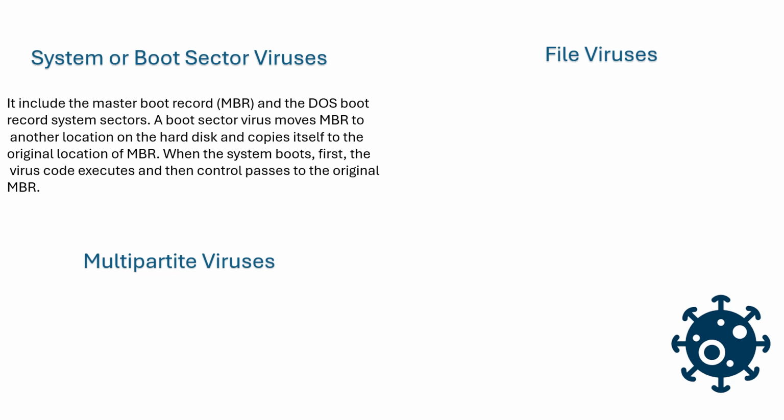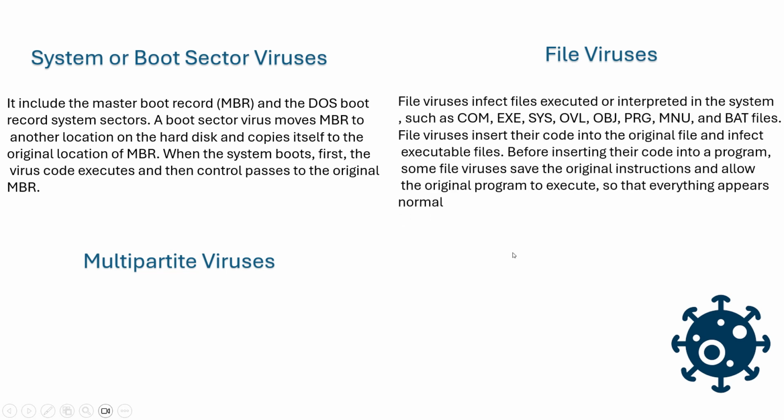If there is a virus, the virus will move your MBR, the master boot record, to another location. And as I already told, when the system boots up, first it runs the virus code, and after that passes the control to the original MBR.